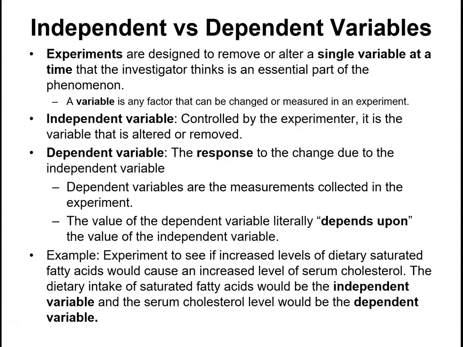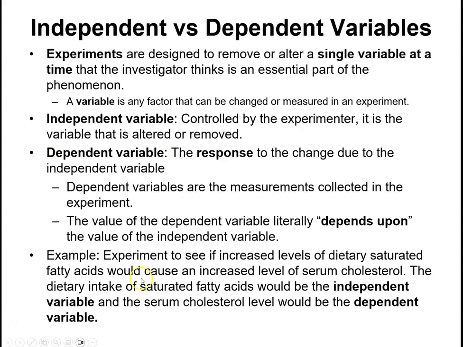The dependent variable is what we are measuring in response to whatever we did to the independent variable. This is the data we are collecting. So the dependent variable depends upon what happens with the independent variable.